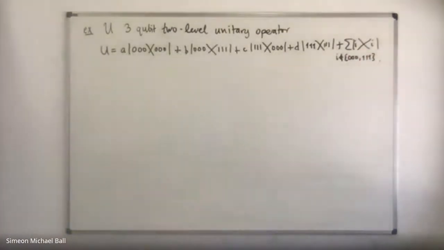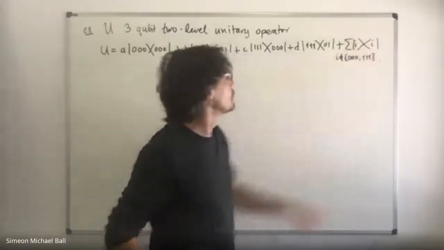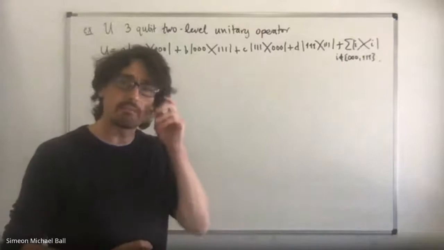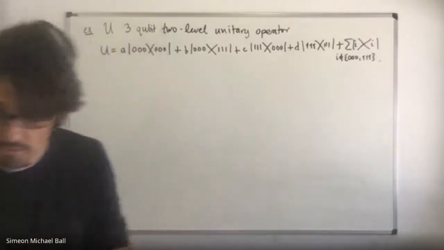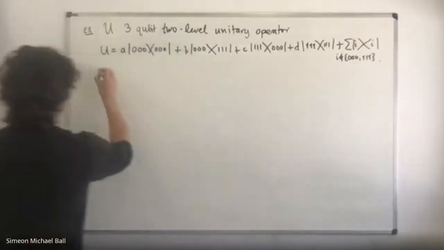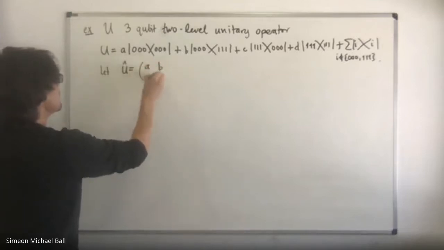So for every one of the rest of the elements in the computational basis, that's a 2-level unitary operator. And the idea is that we want to push everything onto the same qubit, and then apply our unitary operator, which will be the simple A, B, C, D. Yeah? So let's just let U hat be A, B, C, D.